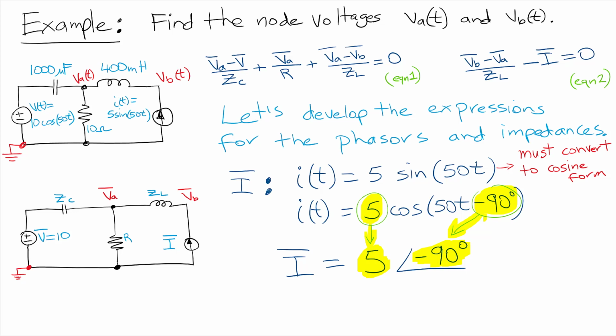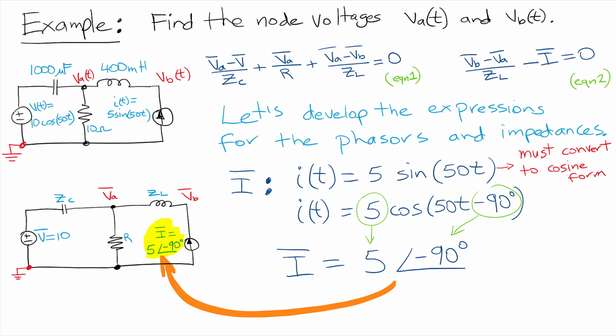And the 50t, or the 50, the omega, drops out from the phasor representation. Okay, and now that we've found that, let's label that in our diagram, so that we have a record of what we calculated.